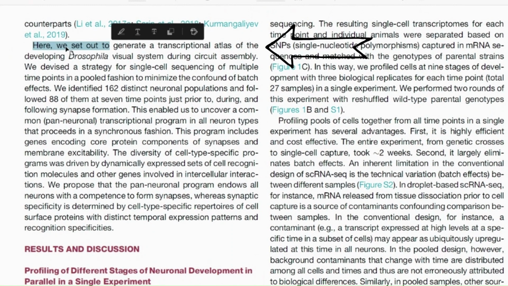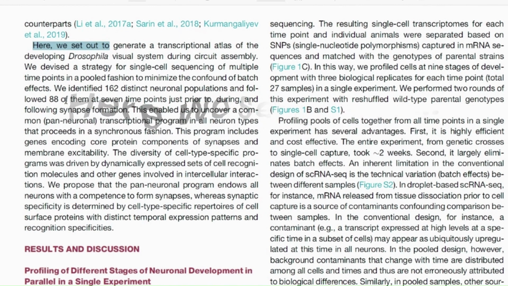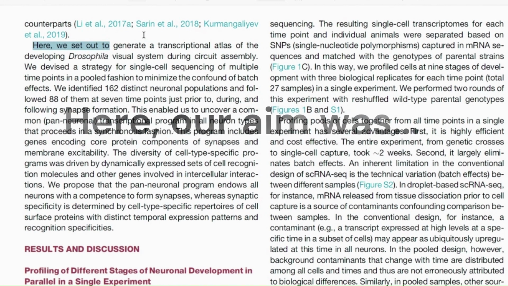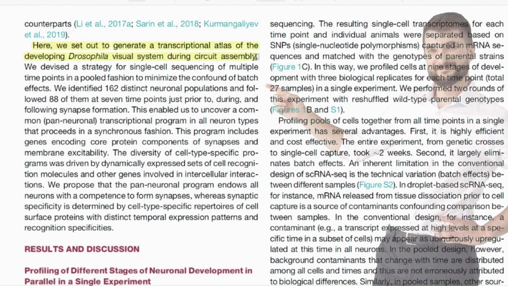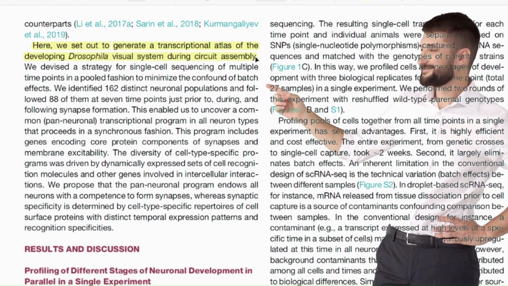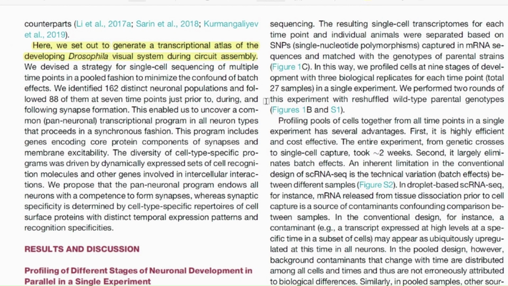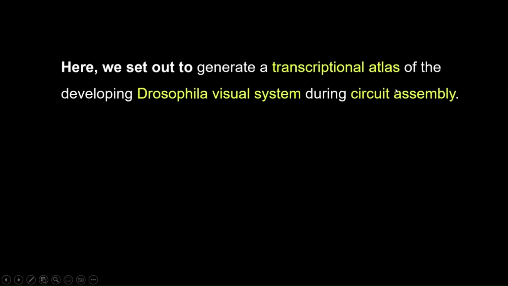Here we set out to. And this sentence could be something like, here we set out to, our aim was, in this paper we did something. This is sort of like the thesis sentence of the paper that states what the authors did in their research.